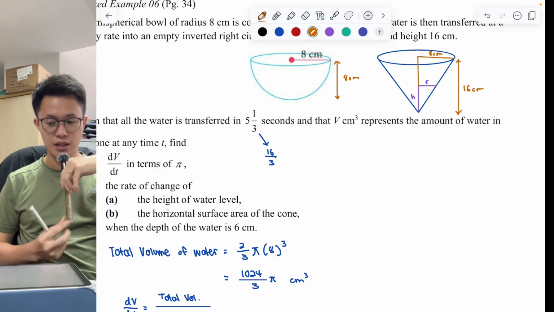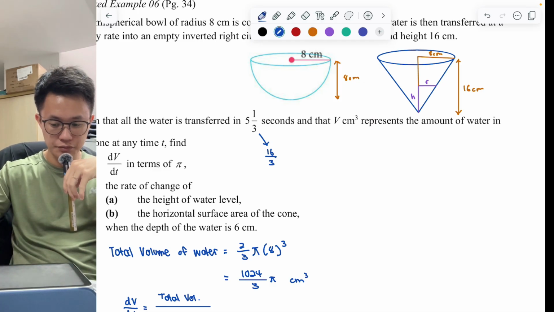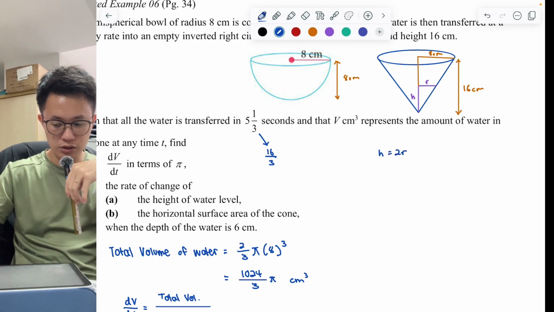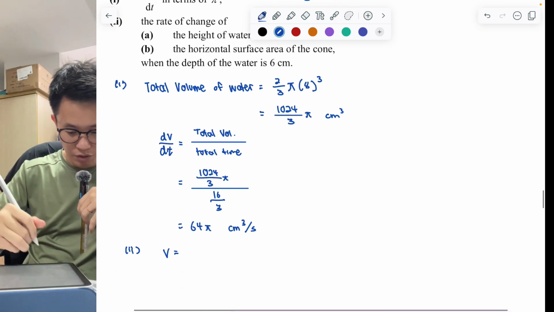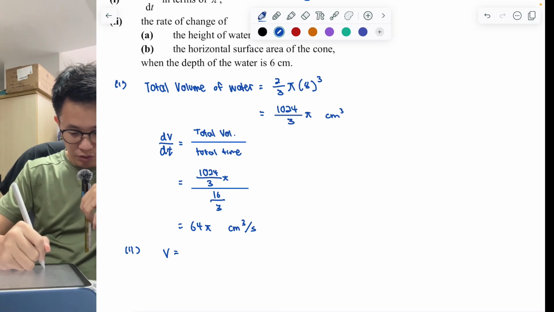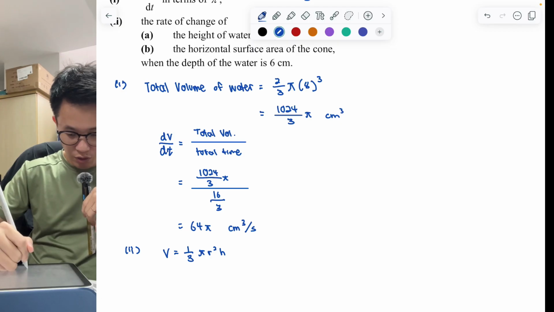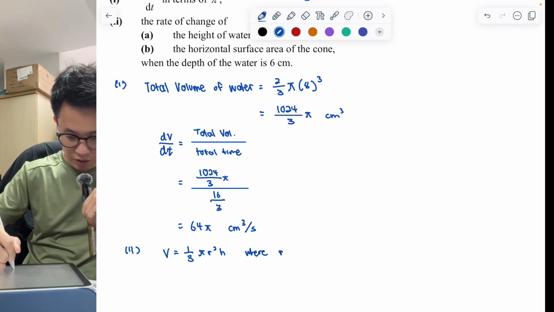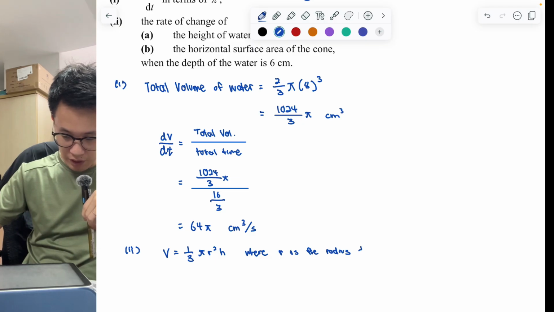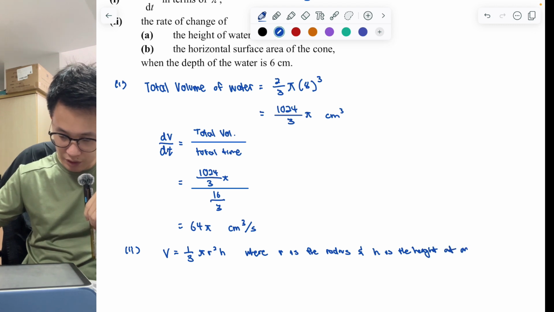So I can say that the height h is equal to 2r. Now we want V to be equal to 1/3 πr² times h, where r is the radius and h is the height at any time t. This is a very important definition.